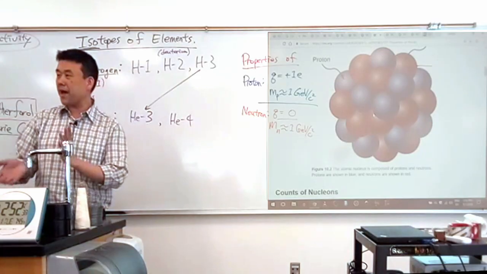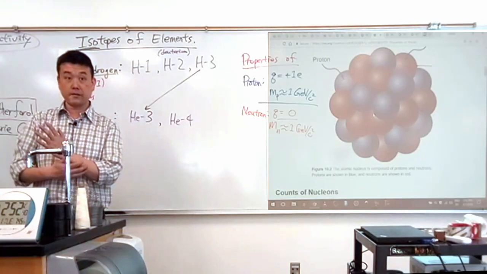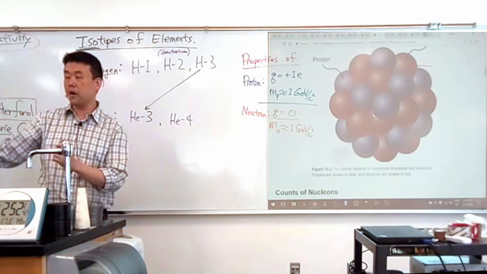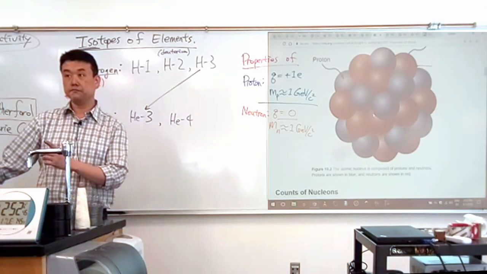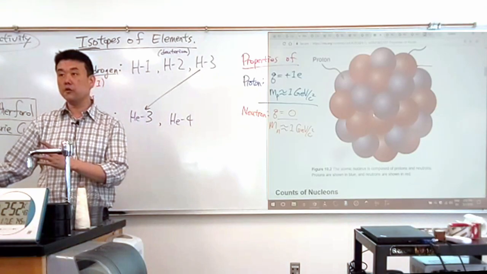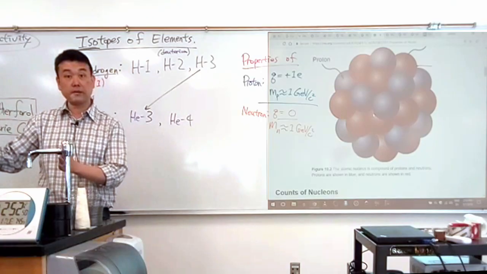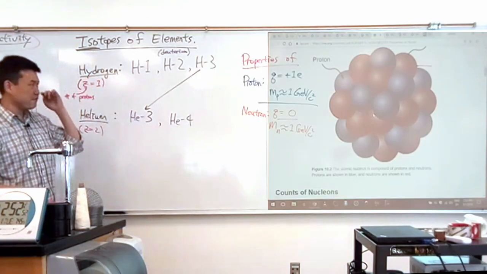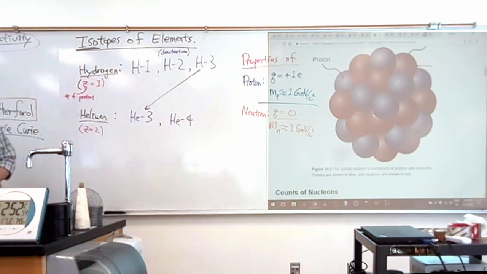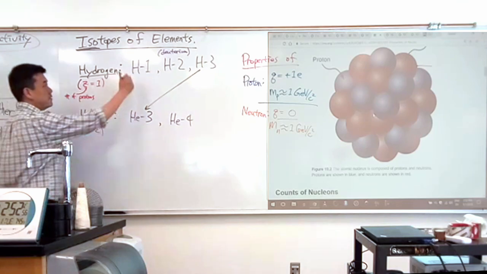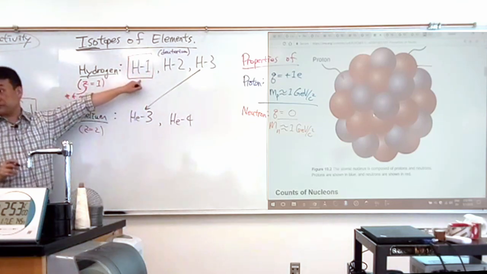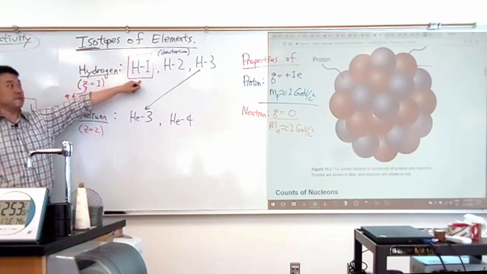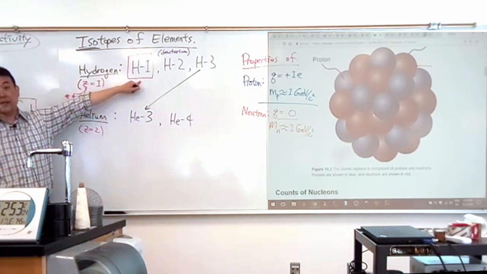You guys notice the pattern of the atomic weight, right? As you go higher up in the number of protons, the number of neutrons is increasing to catch up. But it's not really a hard and fast rule, because with hydrogen, this is stable, and that's the most common isotope of hydrogen, so obviously it doesn't need a neutron.